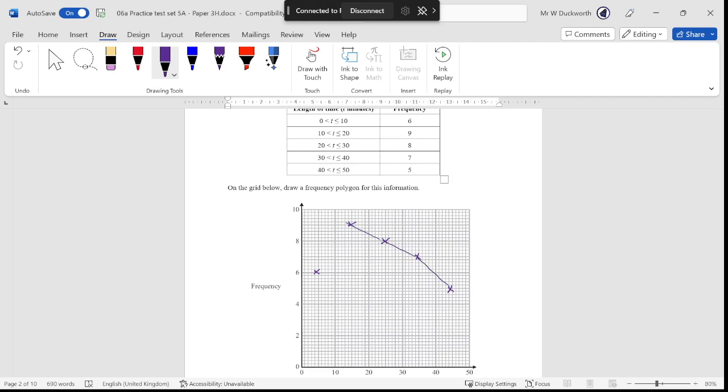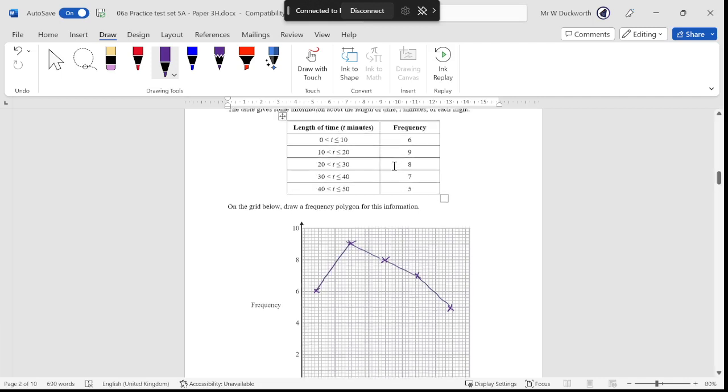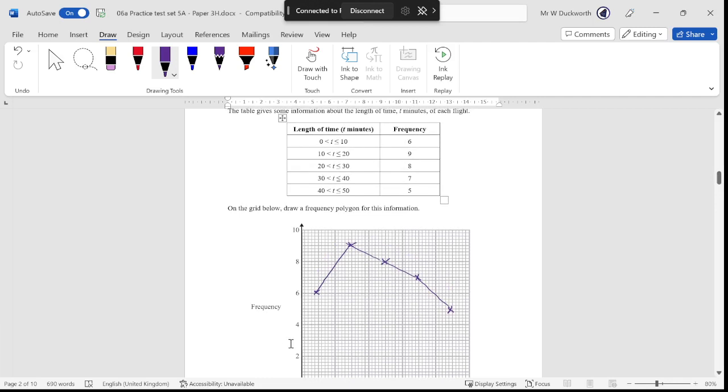For a frequency polygon, I don't tend to join it to 0, 0 unless the question gives you a frequency of 0. But technically, there's nothing wrong with joining it to 0, 0, because we're talking about length of time and you can't really have 0 length of time. But I don't tend to join 0, 0 up for a frequency polygon, but it's not incorrect if you have.